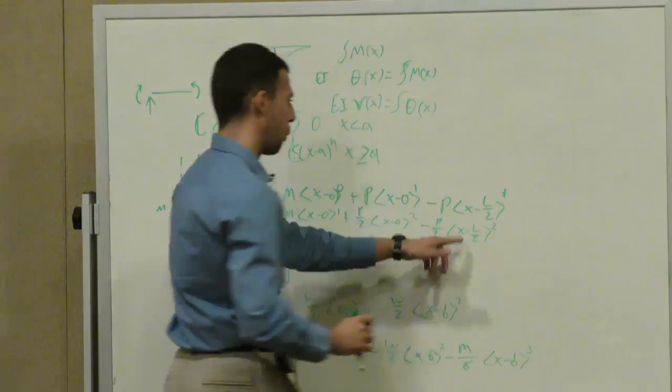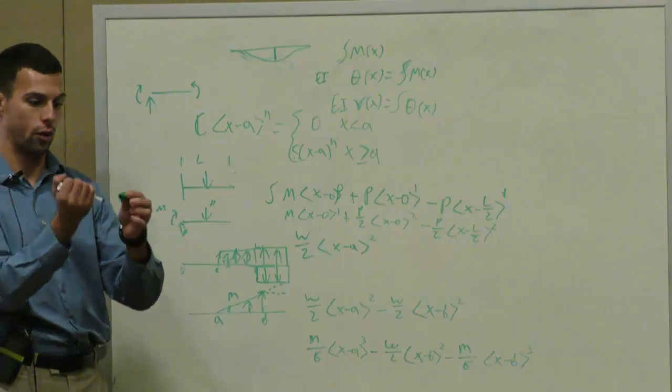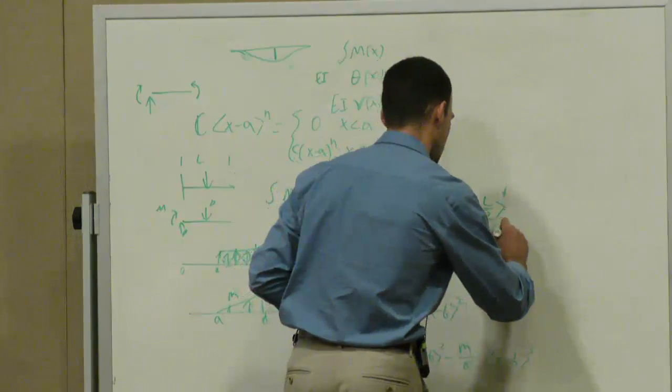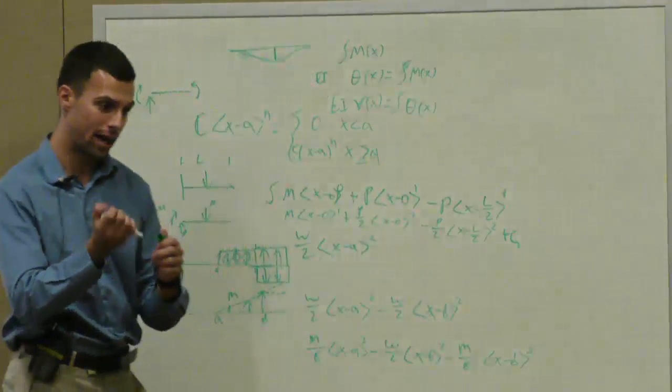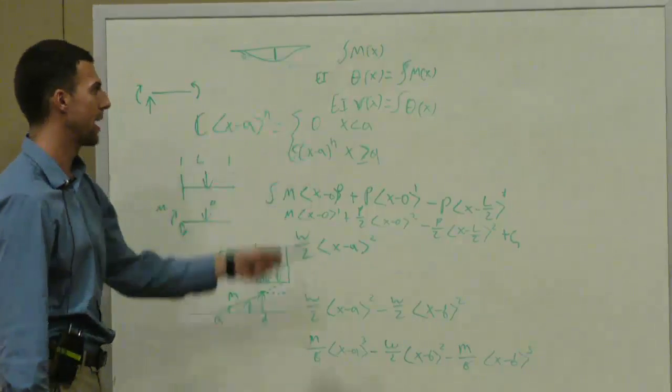Whatever is inside the brackets does not change; you don't have to deal with it when integrating. Plus C1. And so this is your slope equation. You integrate again, and you get your deflection equation.